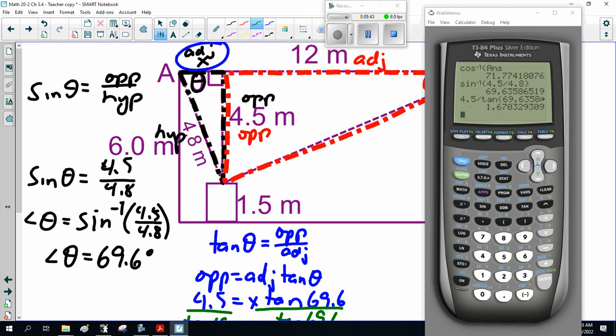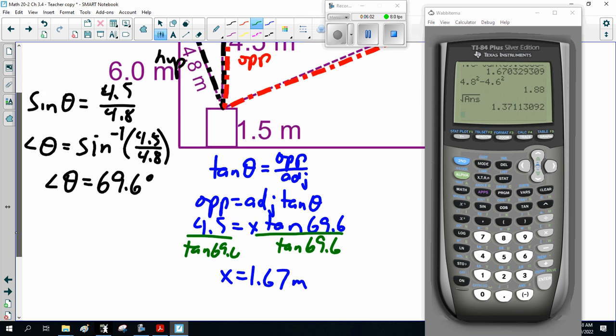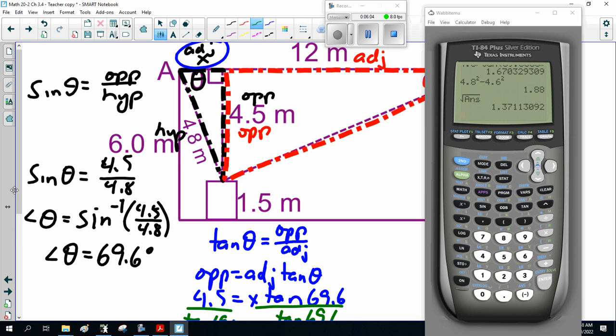This is going to be a squared plus b squared equals c squared, or 4.8 squared minus 4.6 squared, squared is 1.88. The square root of my answer is 1.37. Oh, 4.5.